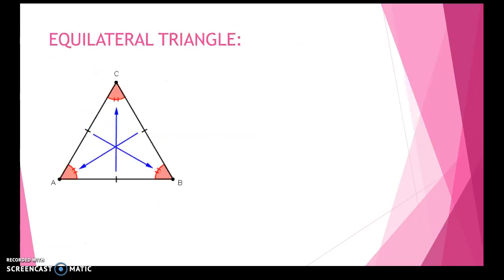Okay, the second special type of triangle, and we've looked at these with the classifying worksheet, an equilateral triangle. So an equilateral triangle, all my sides are congruent, and therefore all the lengths are equal.